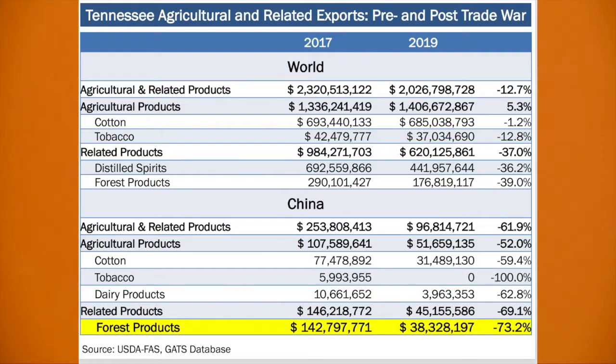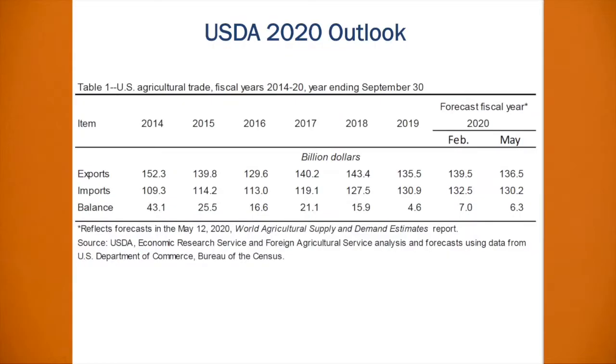And when you look solely at China for forest products such as logs and lumber, that was actually down near 75%. Given these declines, the USDA is still forecasting agricultural exports to increase in 2020. However, they've revised that forecast downward due to COVID-19.